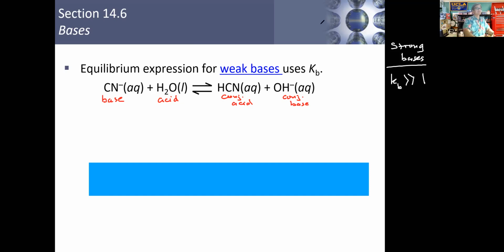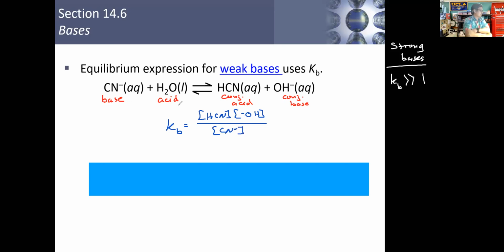Okay. So with that said, we can go ahead and set up the law of mass action for this process. If we get the concentrations here, we can solve for it. It's going to be the concentration of HCN times the concentration of hydroxide over the concentration of cyanide.